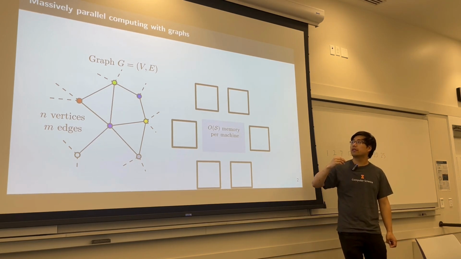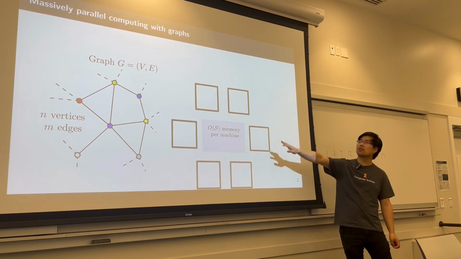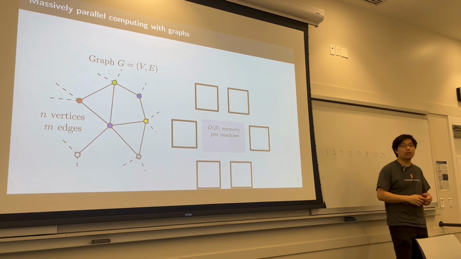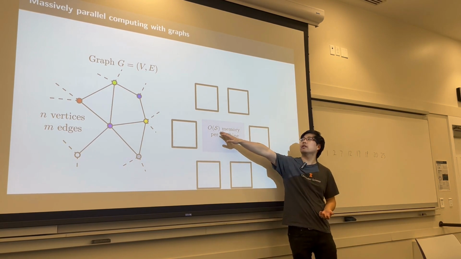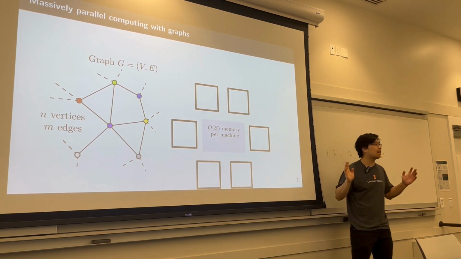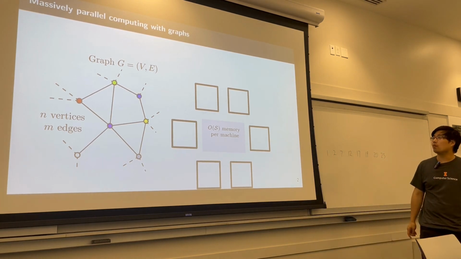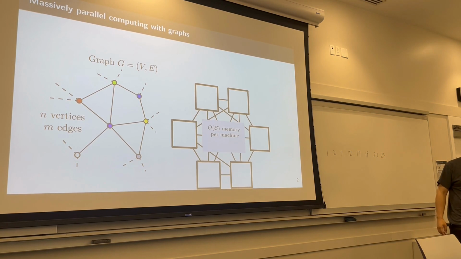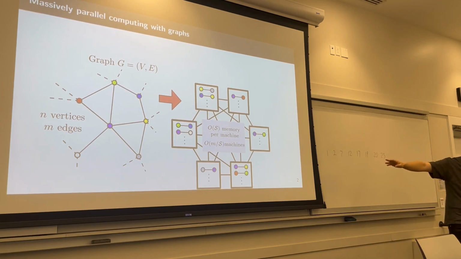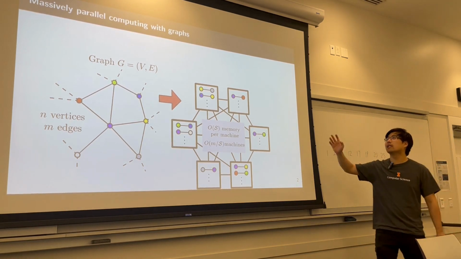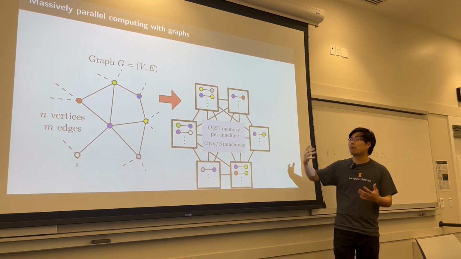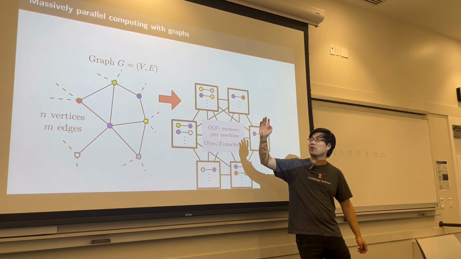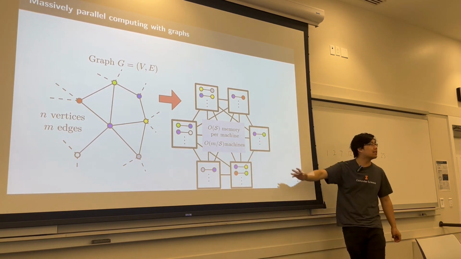If you consider these squares that I've drawn to be machines, we could have many of these machines, and each machine has some bounded amount of memory, say order S for some parameter S. These machines can all talk to each other, and the graph is going to be stored on these machines. Since this model is suited for massive amounts of data, there's going to be a gigantic graph that can't even fit on a single machine.